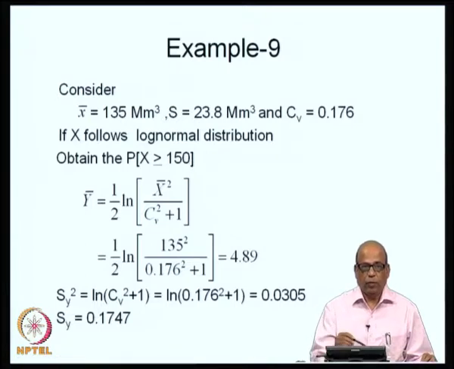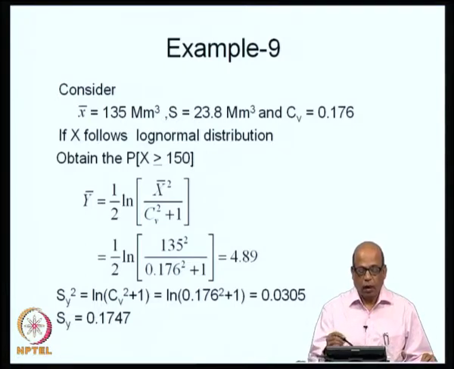So, we use the expressions and the fact that y is equal to ln x follows normal distribution. We first estimate y bar and s phi square, which is the mean of y and the variance of y, using the expressions that I just introduced, x bar square divided by square root of C v square plus 1.